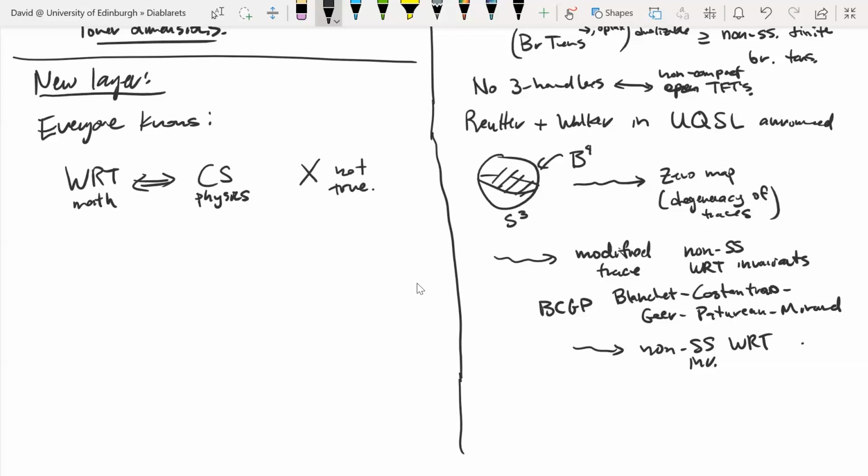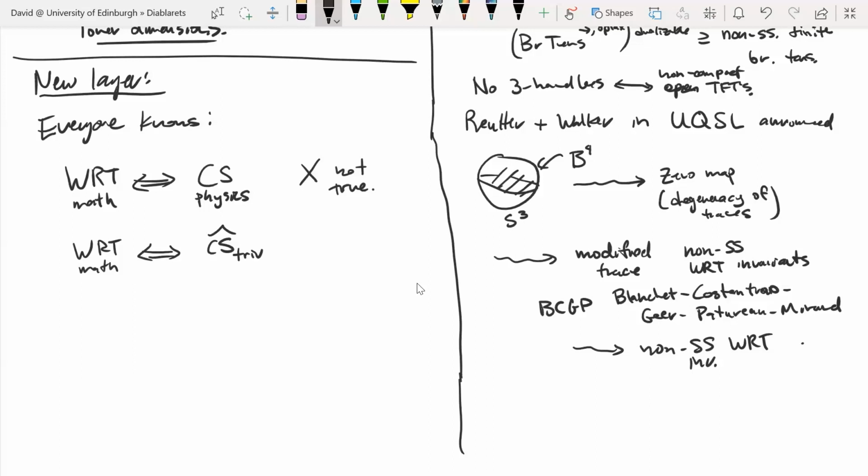What's more accurate to say is that the WRT theory on the math side corresponds to the Chern-Simons theory on the physics side, but only in the local neighborhood of the trivial local system.